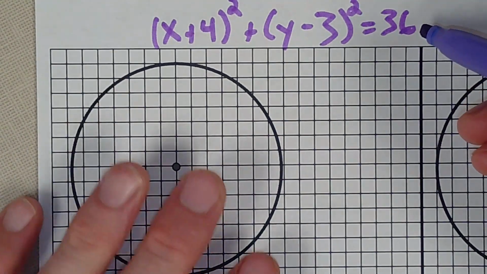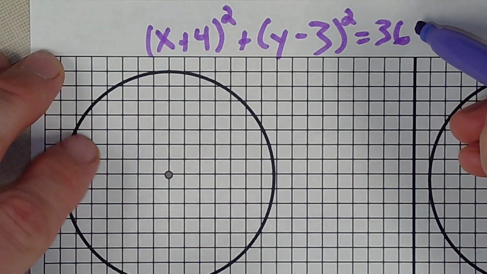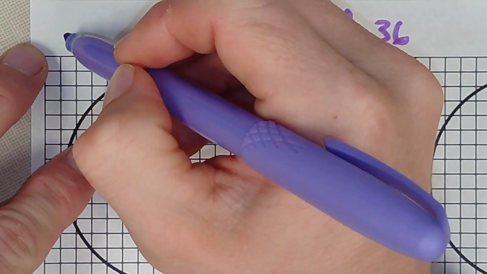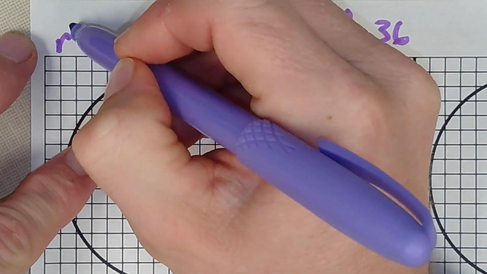If that equals 36, that equals 6 squared, so that means that our radius is 6.